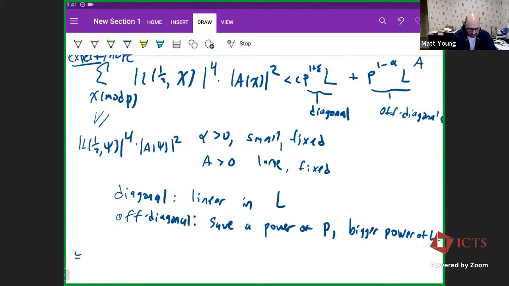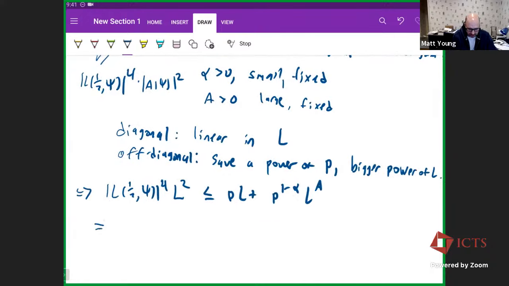Put together, this says that our Dirichlet L function at psi to the power 4 times our amplifier squared, which is L squared, is at most P times L plus P to the 1 minus alpha times L to the A. So this implies that L of a half psi squared is at most P over L plus P to the 1 minus alpha L to the A minus 2.